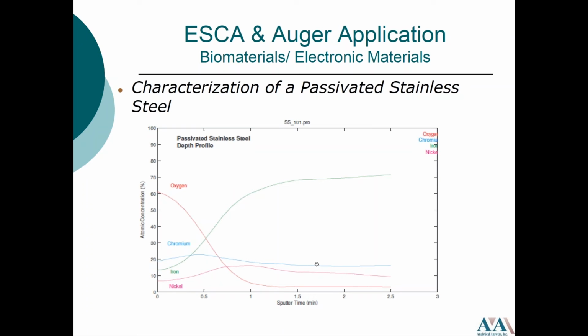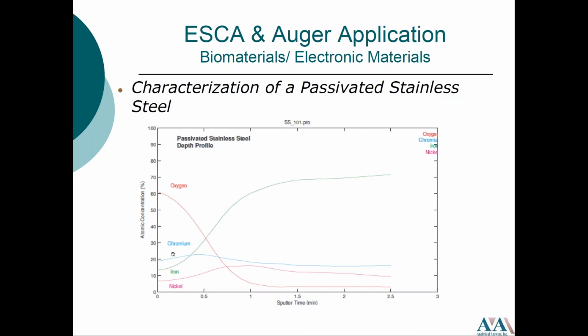So we see that that oxygen content decreases pretty quickly after about a minute of sputtering, and that iron content increases, that nickel increases and gets to a baseline, and that chrome, while it's abundant on the surface, kind of decreases to a baseline level in the bulk of the material. And so after 1 minute represents the bulk of the stainless steel, and before then represents that oxide layer.